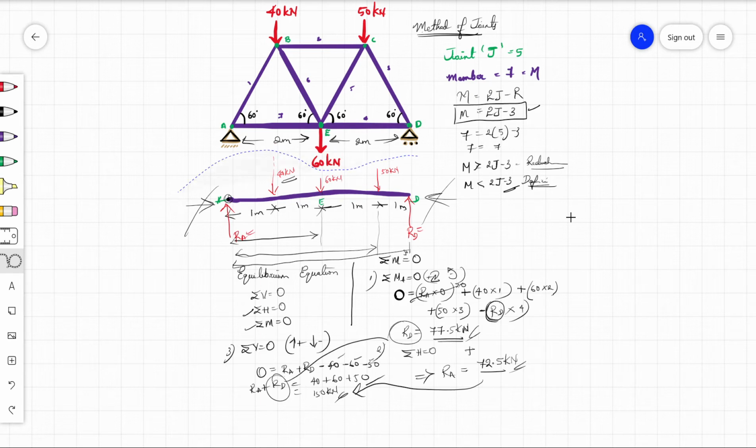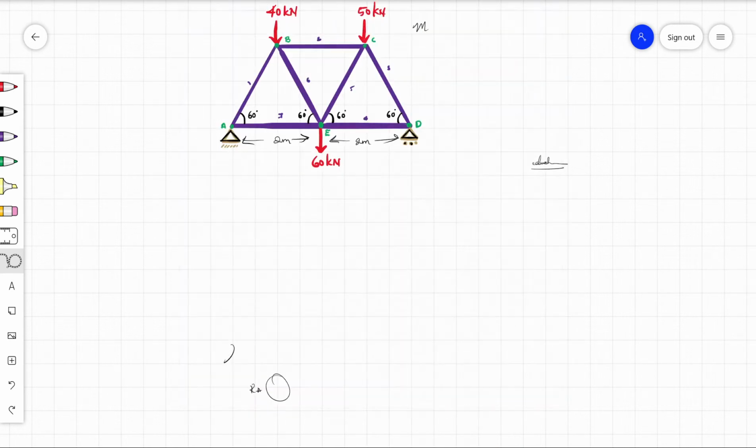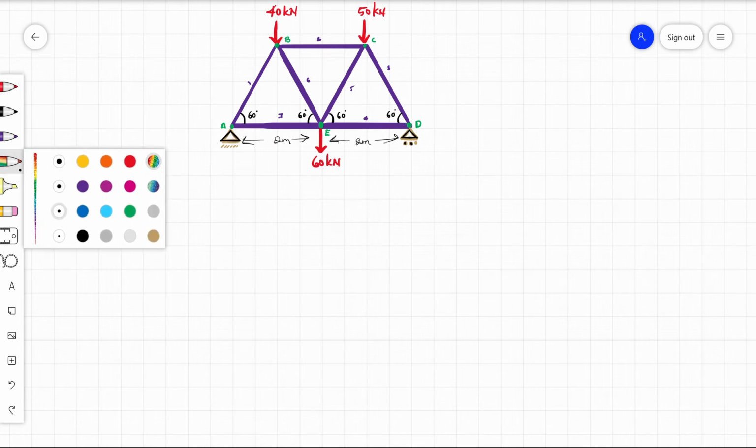So let me take this all out. See this. What is our aim actually? What they said is they want to know whether the member, I'll draw with a different color, is in tension or compression. What is a member?